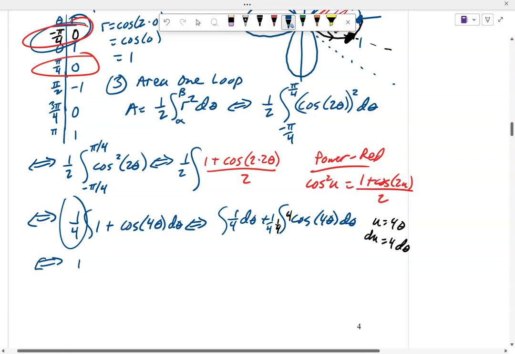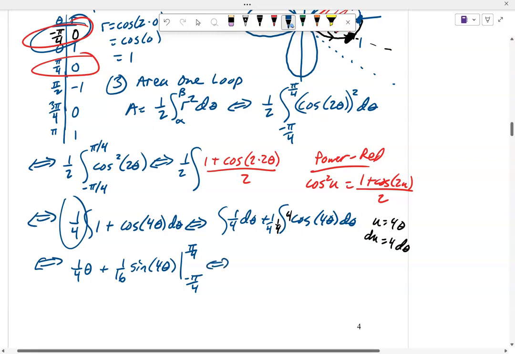So I've got 1/4, integrate that theta, plus I've got a 16th now. Integration of cosine of u is just the sine of u, and our u here is 4 theta. We're going from negative pi over 4 to pi over 4.